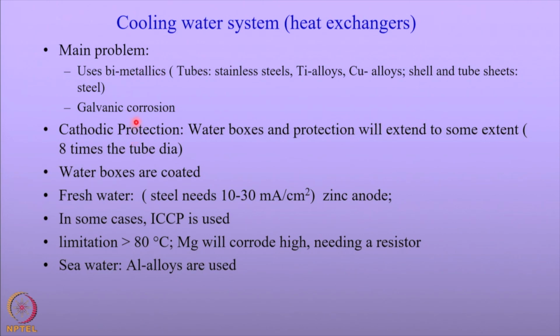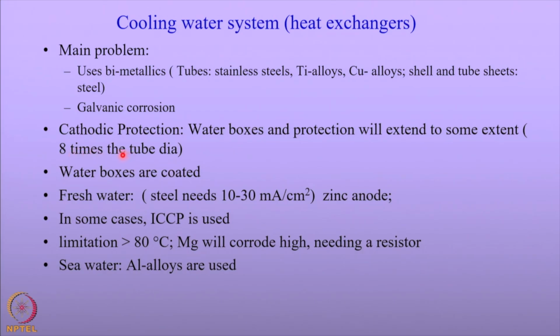In order to prevent the galvanic corrosion, cathodic protection is done, and it is generally done in the water boxes, and the protection will extend into the tubes to the extent of about 8 times the tube diameter.